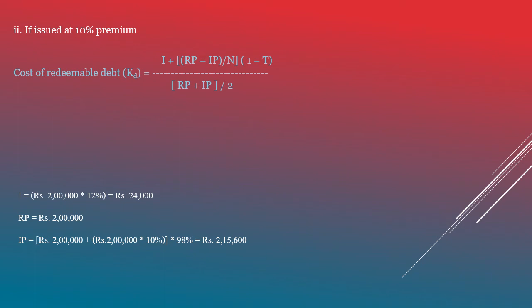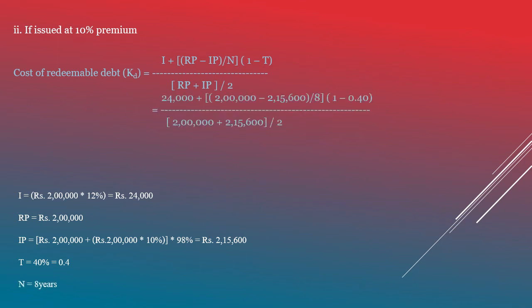So first of all, we will calculate this 10% on 2 lakh, and then we will deduct the flotation cost, which is 2%. That means we will multiply this with 98%, and then we can easily get the value of IP, the issued price, which is 2,15,600. Next one is T. T is here 40%, that is 0.4, and N is 8 years.